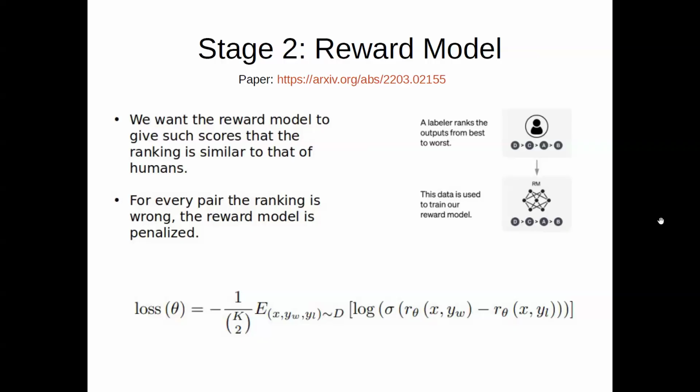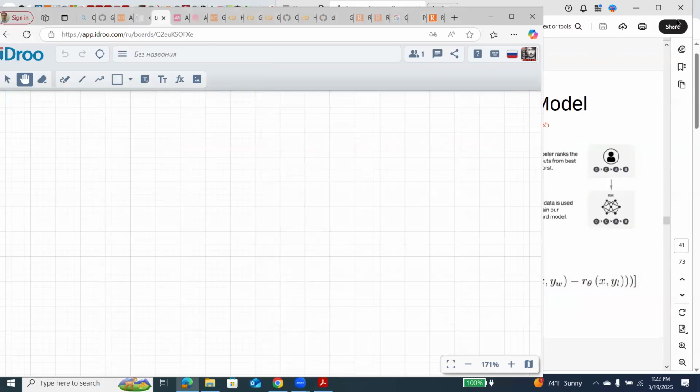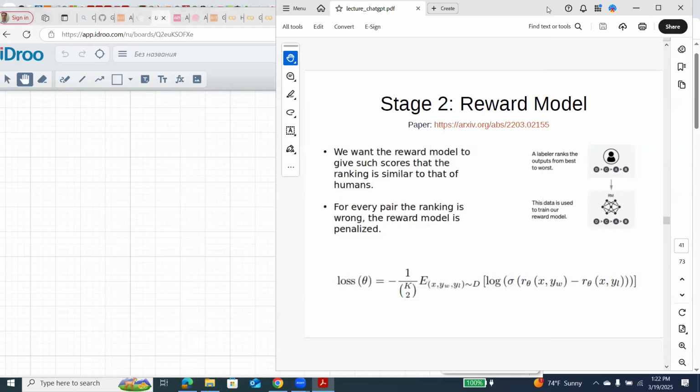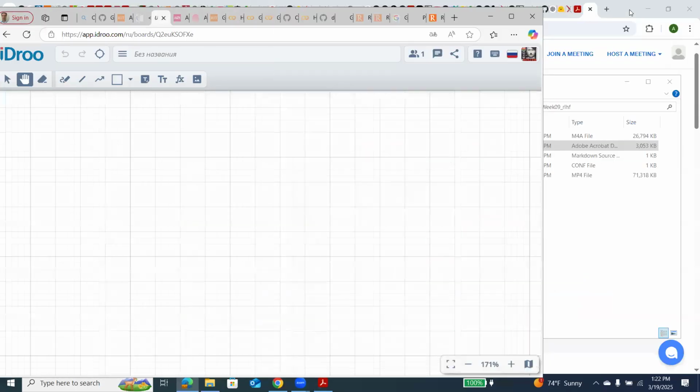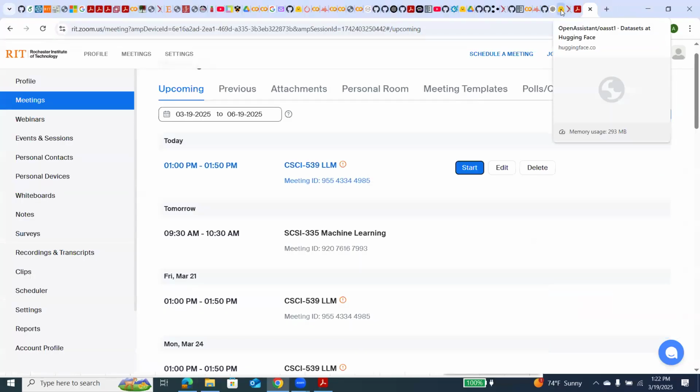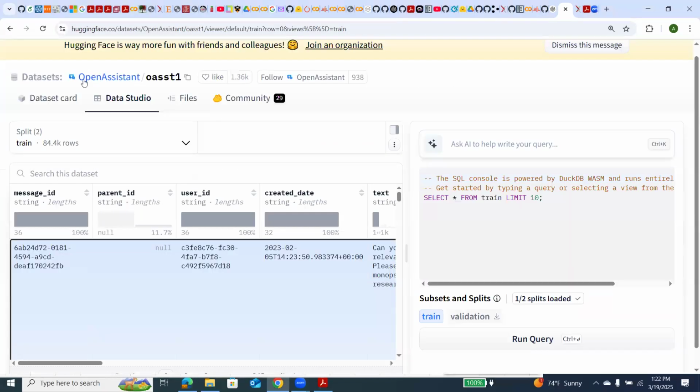And the data set can look like, there was a data set from Open Assistant. This was a project to create a chatbot, but it ended up creating a nice data set.